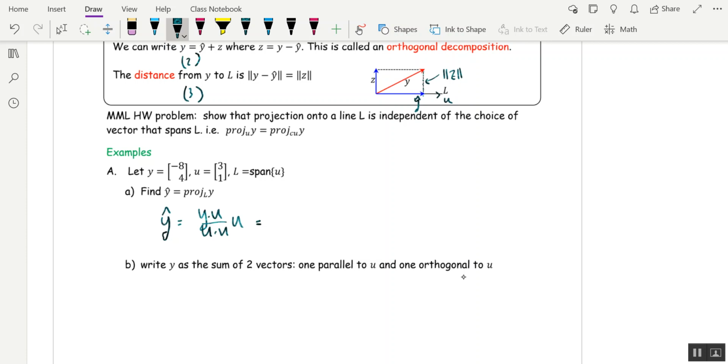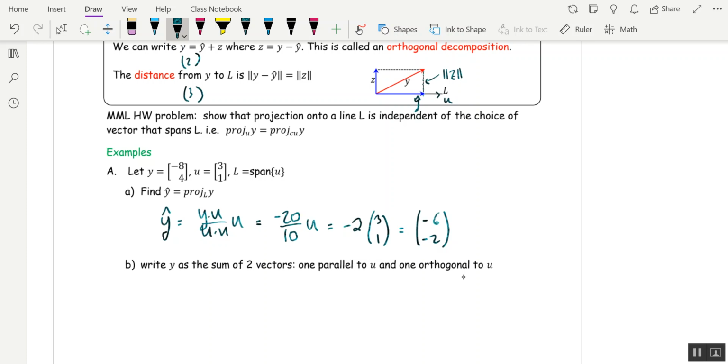Okay, that's negative 24 plus 4, which is negative 20, over u dot u, which is 10, times u. So that's negative 2 u, and u is 3, 1. So that's negative 6, negative 2. So there's my y hat.